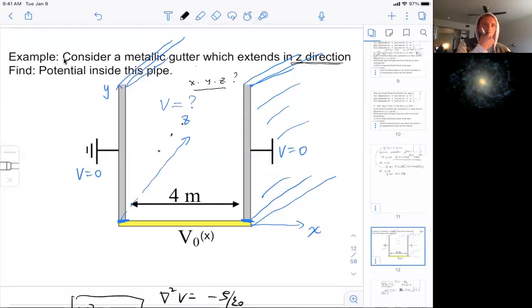It's extending to infinity in z. So by looking at this metallic gutter, you still have an infinite amount on the left-hand side and on the right-hand side. Physically, it hasn't changed. So because your gutter is infinite in the z direction, your function should not have a z dependence. That's something that showed up before when we solved electric fields.